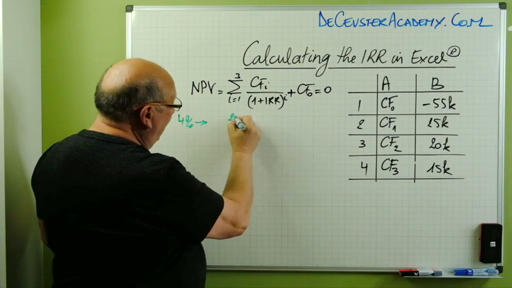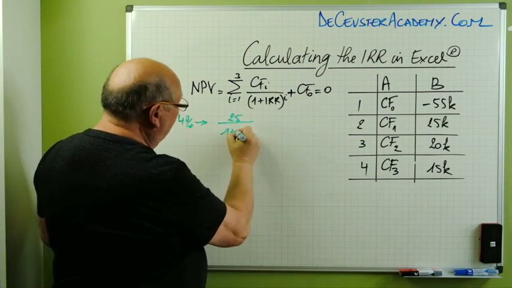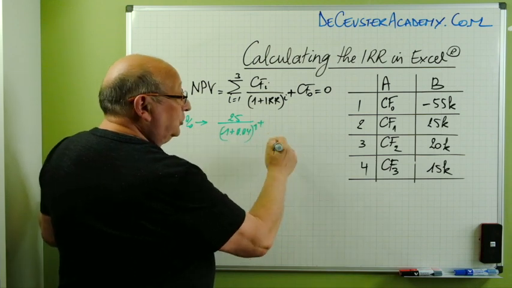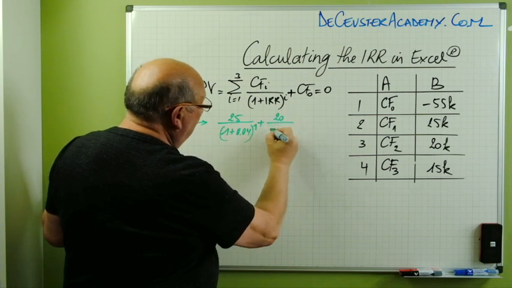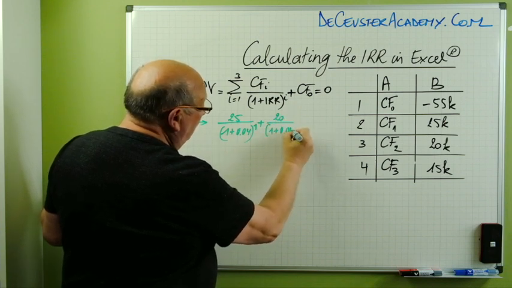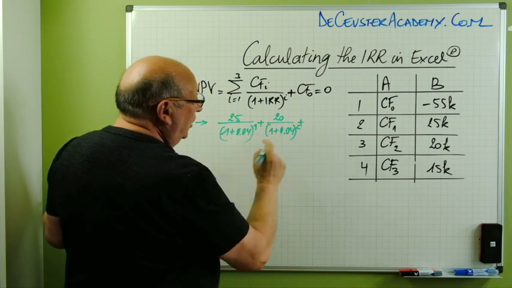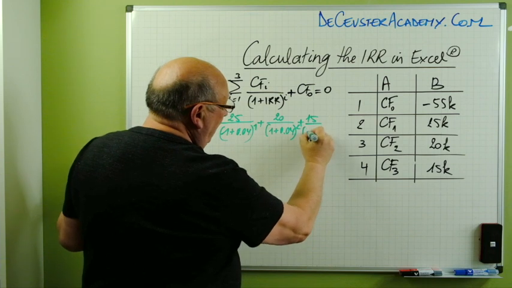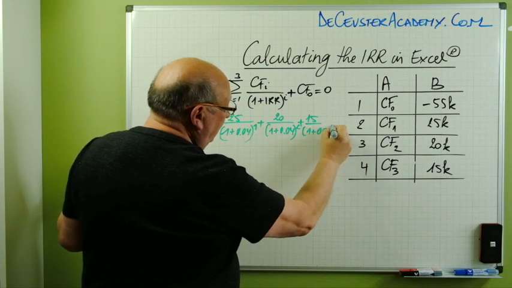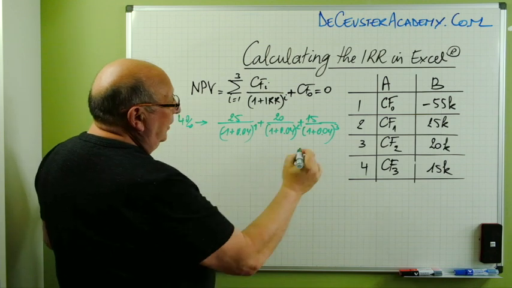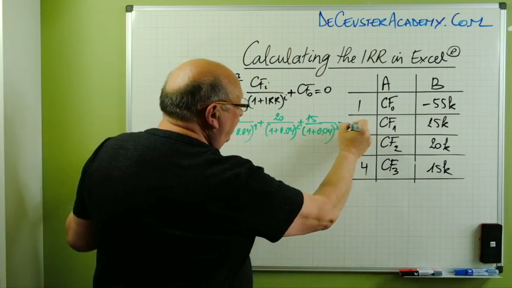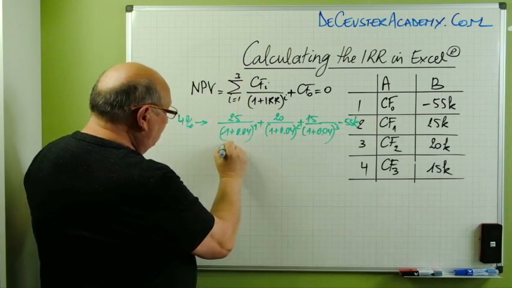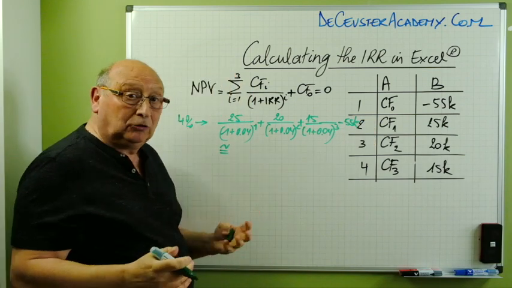So we have 25 divided by 1 plus 0.04 to the first power, plus 20 divided by 1 plus 0.04 to the second power, plus 15 divided by 1 plus 0.04 to the third power, and we subtract here 55K.